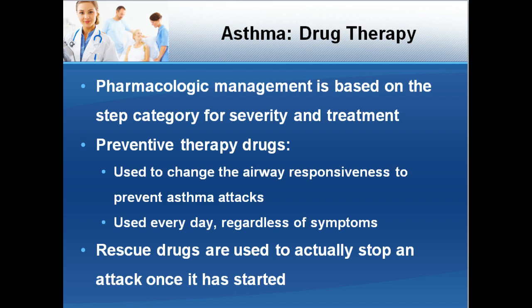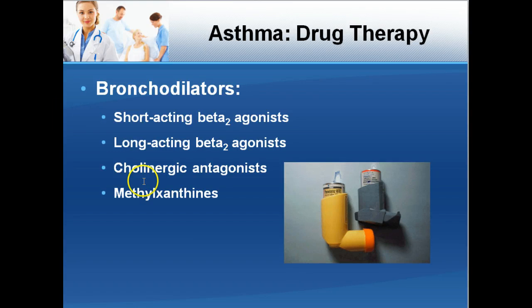So speaking of asthma drug therapy, you have what they call the bronchodilators. You have short acting beta agonists. Some of the names of those would include albuterol. I do expect you to know some common ones like albuterol. Another name for albuterol is Proventil and Ventolin.